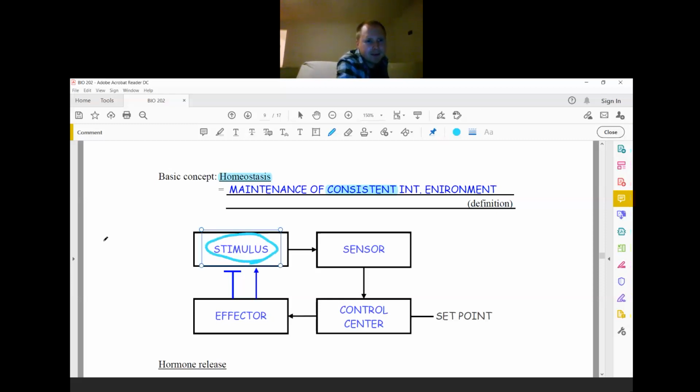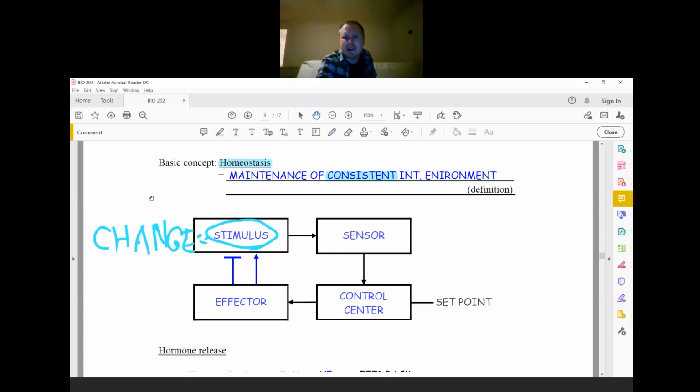This change is detected as a stimulus. So something is not remaining as a consistent condition, as something that we are used to. The example that I think I used with you when we were discussing homeostasis was body temperature.